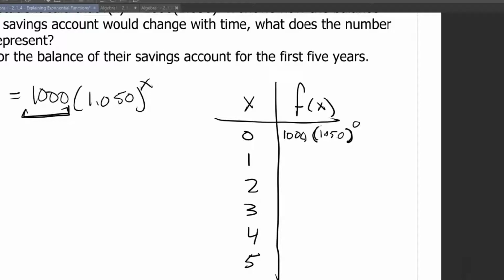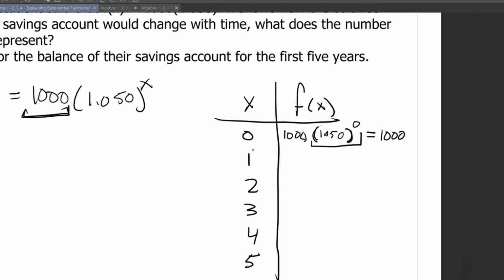But we have this number to the 0 power, so this is equal to 1, right? So this is the same thing as 1,000 times 1, which equals 1,000. So the balance of the student's savings account at time equals 0 equals 1,000.